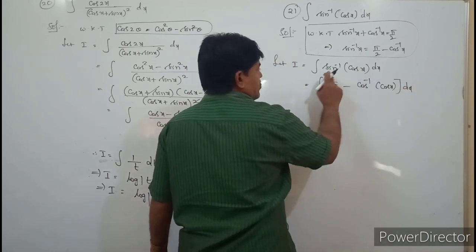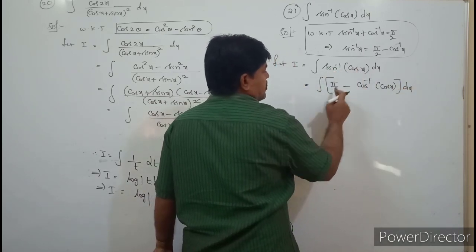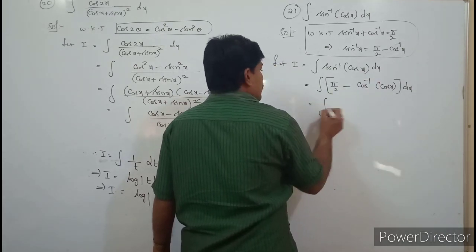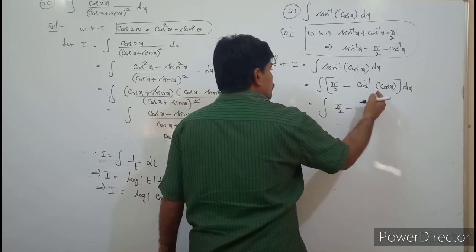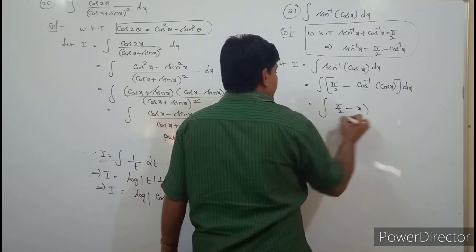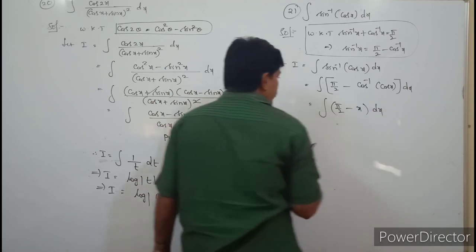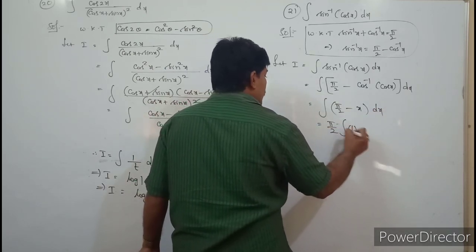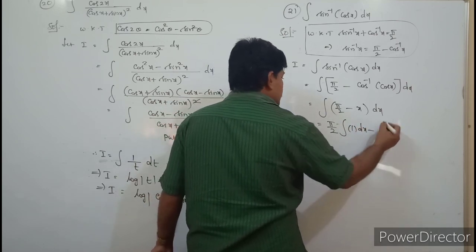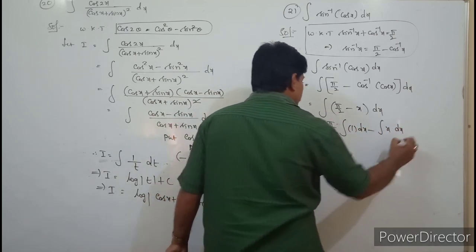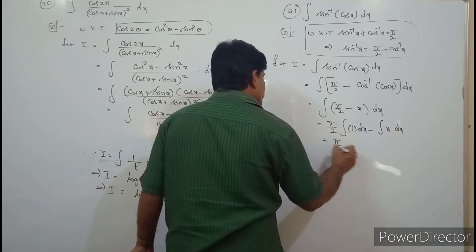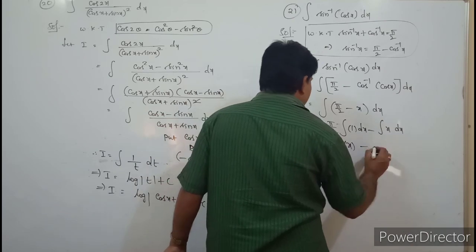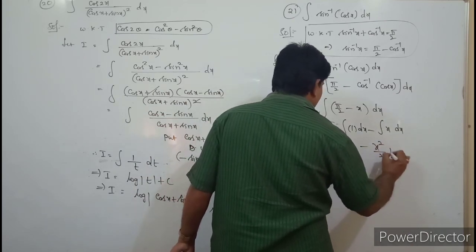The cos inverse will be cancelled, and you get x. Pi by 2 is a constant, take it out: integral of 1 into dx minus integral of x into dx. That is equal to pi by 2 times x, minus x square by 2, plus c.